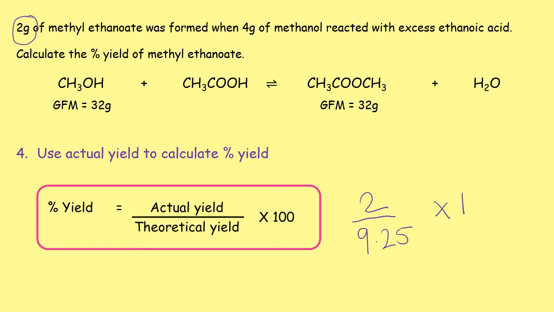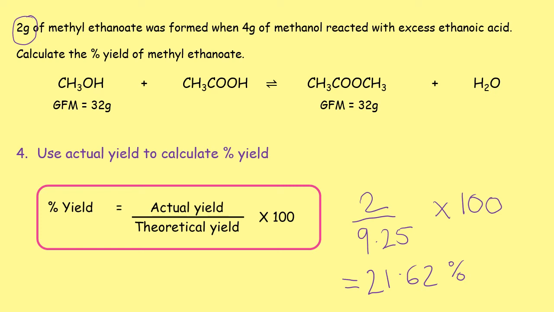And we multiply it by 100. Now, whenever we do this, we don't get a really nice number, so we round it. And in chemistry, typically round it to 2 decimal places. And this is 21.62%. You can see it's relatively straightforward. It's just a normal mole calculation, and then we just do this as a final step at the end.